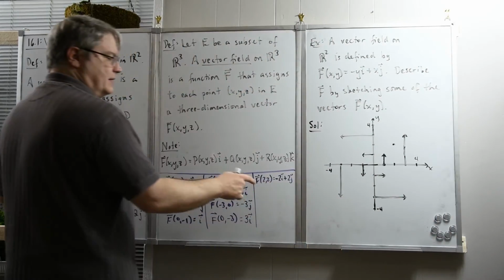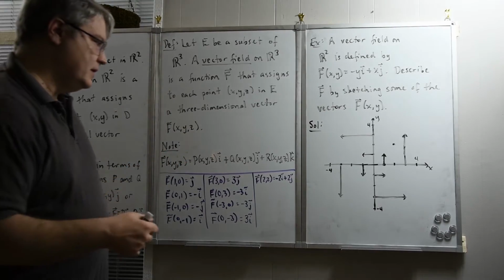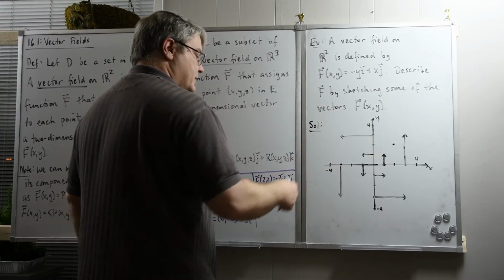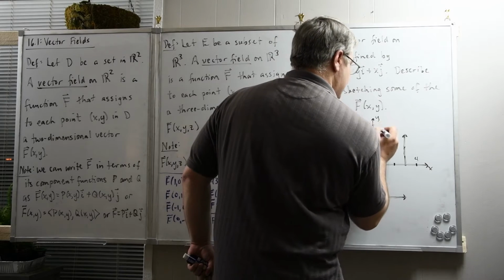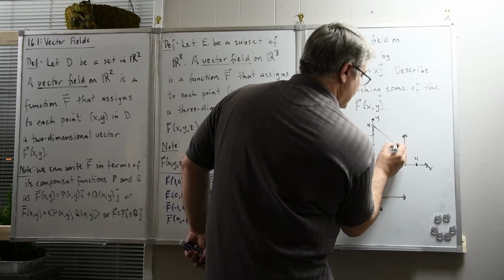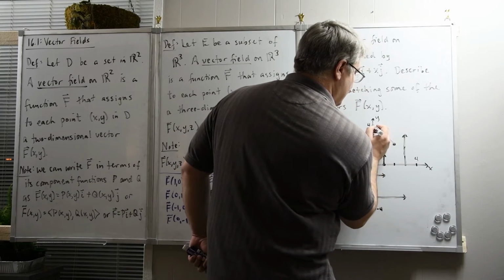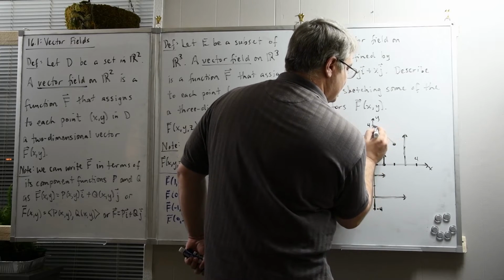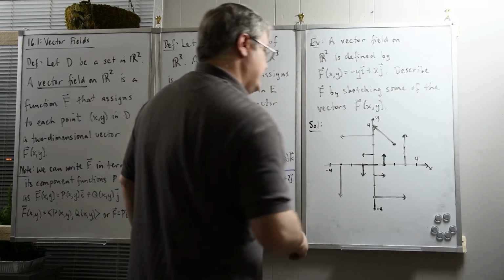And then the vector is -2i plus 2j. So we need to move to the left 2 and up 2 to plot the terminal point. So that'll be our vector.